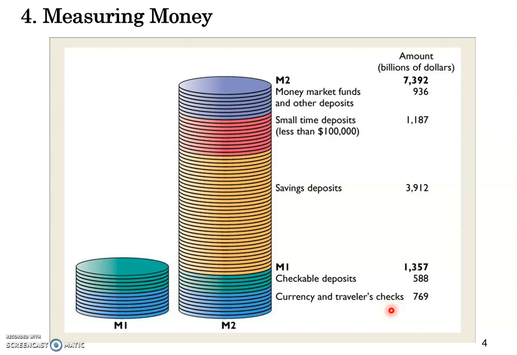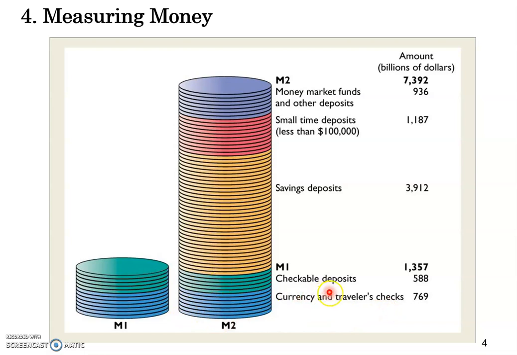If you travel outside of the country, sometimes you probably want to take traveler's checks instead of cash because it's safer. Okay, and it's also equivalent to cash, so it's pretty easy to use it to make a payment.